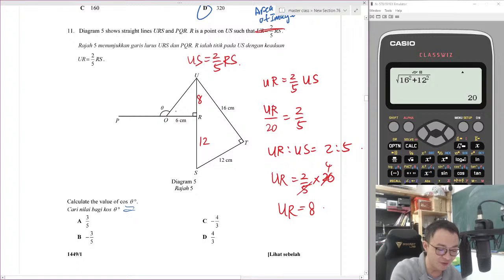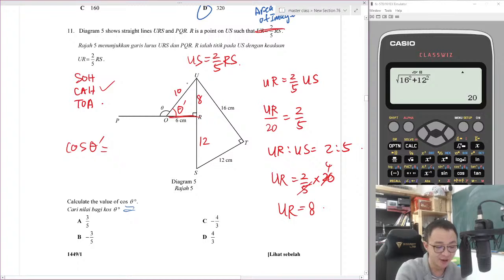Then I want to find this angle. With 6 and 8, the hypotenuse here will be 10, using Pythagoras. I want to borrow this angle to find the cos. When borrowing the angle, I will write theta prime, to indicate I borrowed it. So cos theta prime, cos is SOH CAH TOA, so cos will be adjacent over hypotenuse.